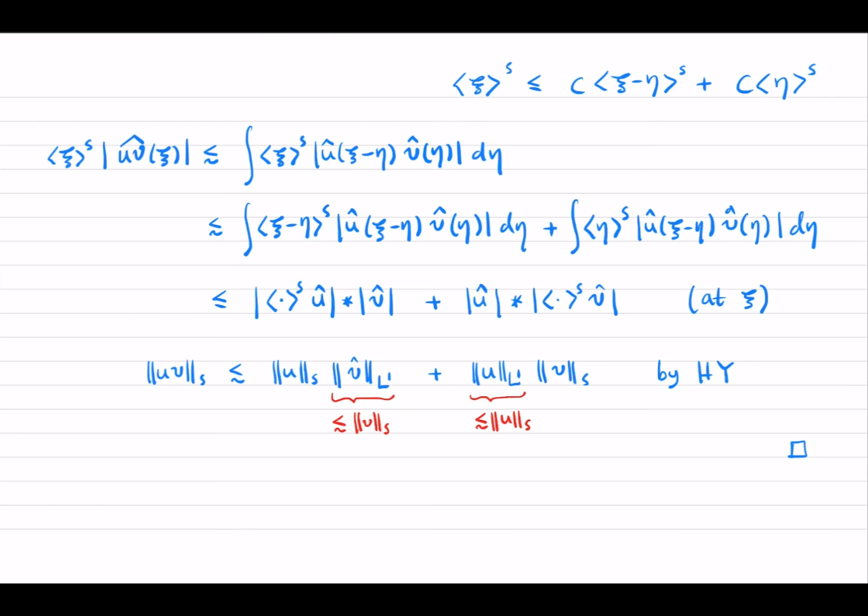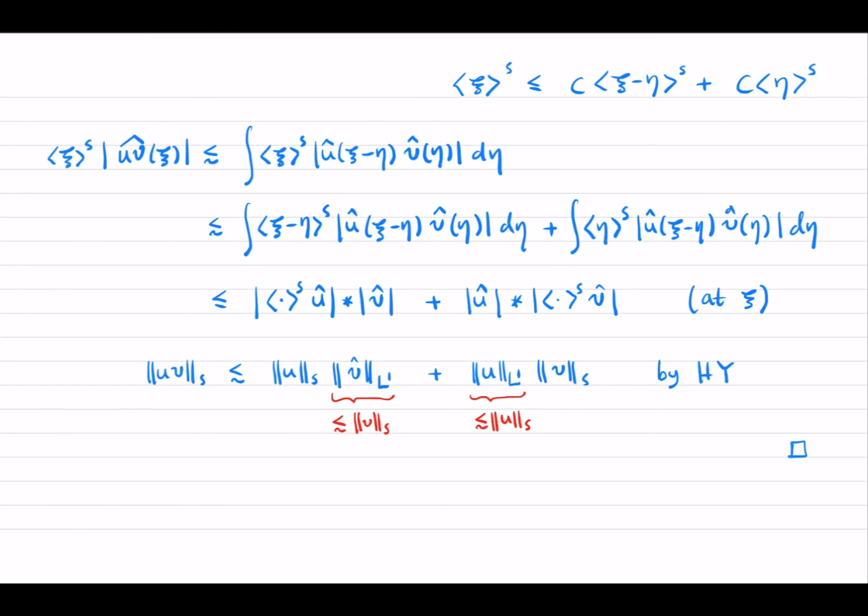And the first part, you see that you can write it as a convolution between the Japanese bracket times u hat and v hat. So that function and v hat. And the second one, we get the convolution between the Japanese bracket times v hat and u hat. So u hat is separate and the Japanese bracket times v hat is here.